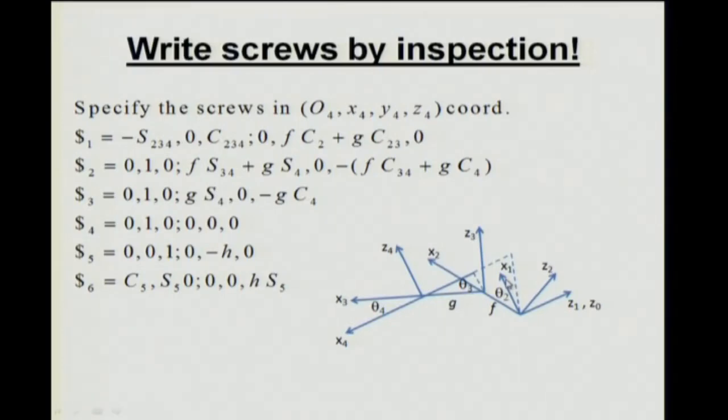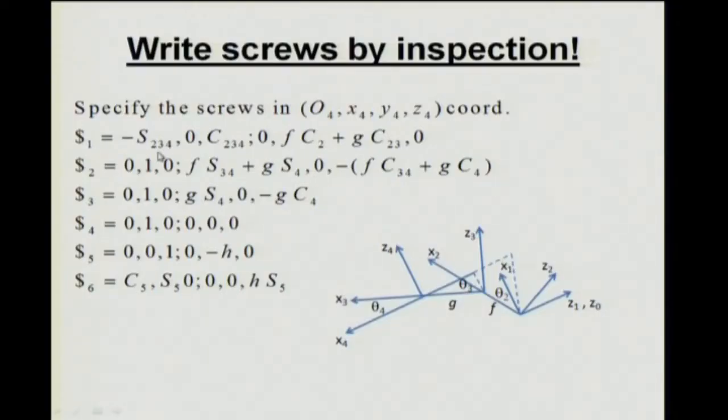Okay. So if this is inclined by theta 2 plus theta 3 plus theta 4, then this is inclined by that plus 90 degrees, right? So if you just figure it in, then you will get minus sine 234 and cos 234.